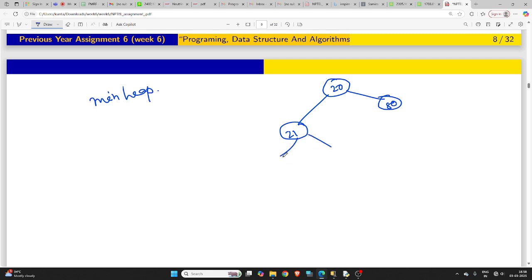That is fine. Now here, every time it will be a little bit larger than 21, so it will be 90 and this is 101. This is fine. Now here for 80, it is like 81 and let's say 82. These two are fine. So this is min heap.